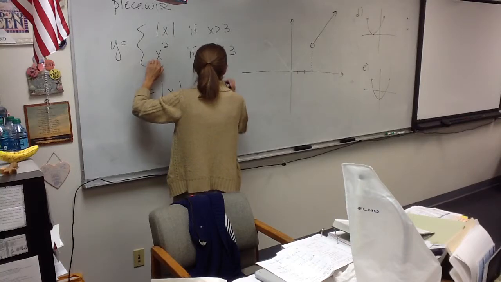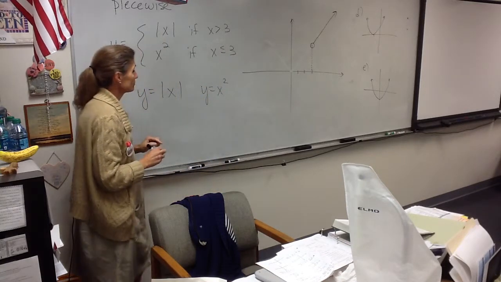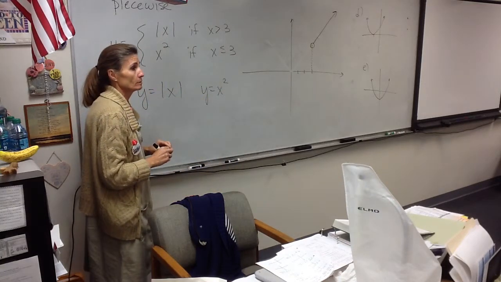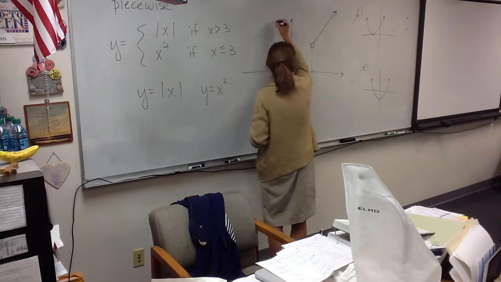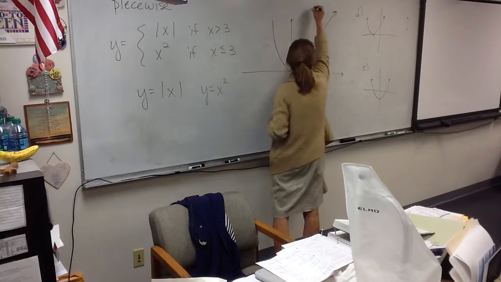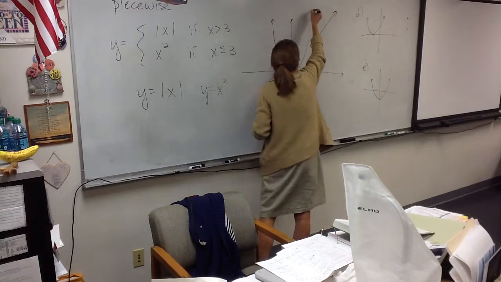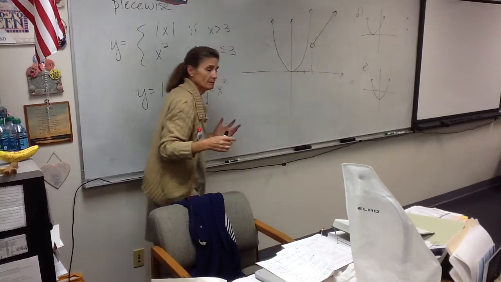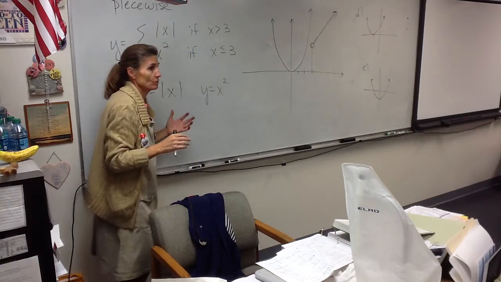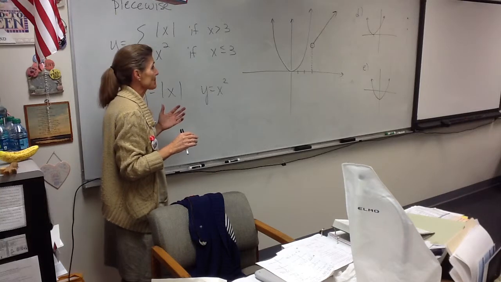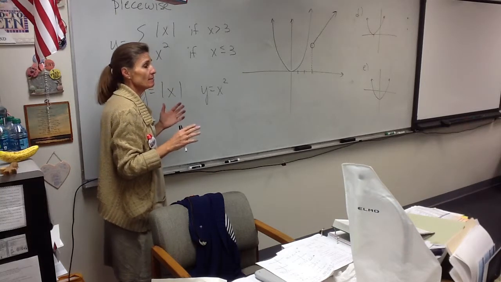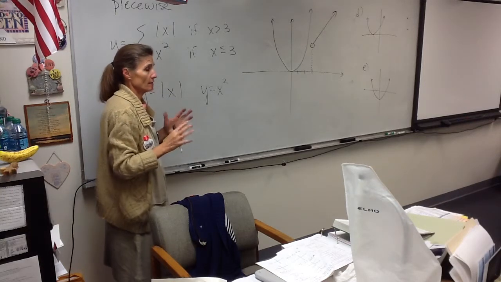Y equals x squared. That's a U. So I'm going to go ahead and put my U on my picture. Now you got me to do it. It's a parabola. I'm putting the parabola on the picture. Now again, I don't want the whole parabola.